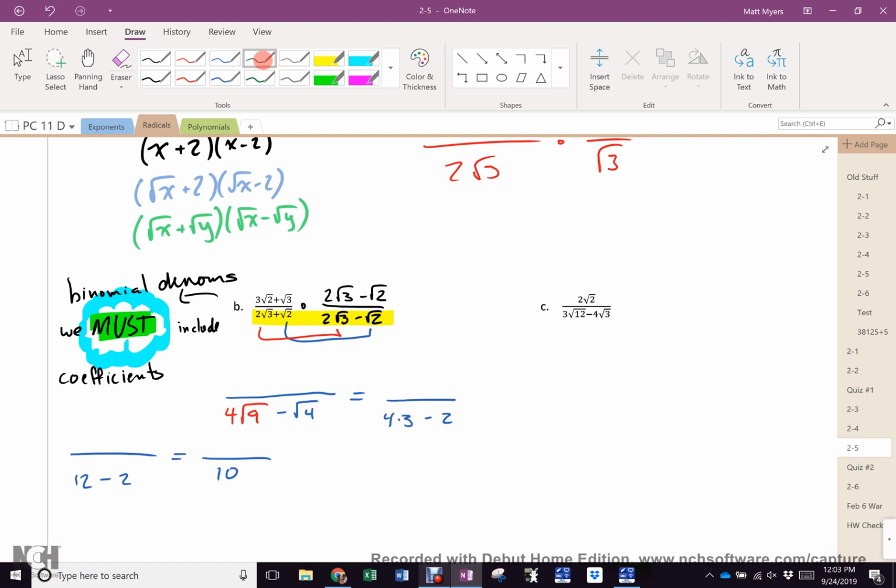Now, can I forget about any parts of my double distribution in the numerator? No, I gotta do it all. So what's that first one? 6 root 6. What's that second one? That should have been red. What's that second one? Plus or minus?